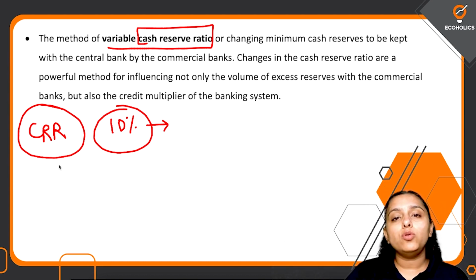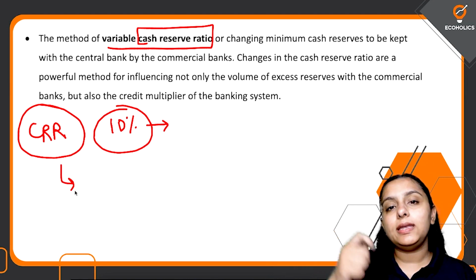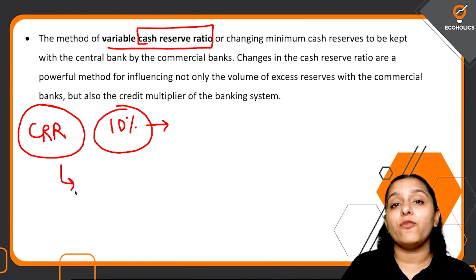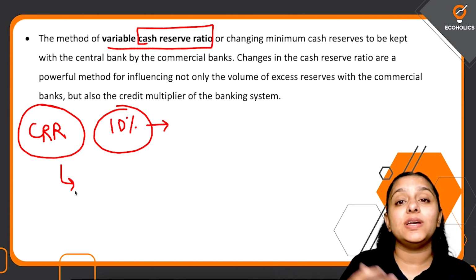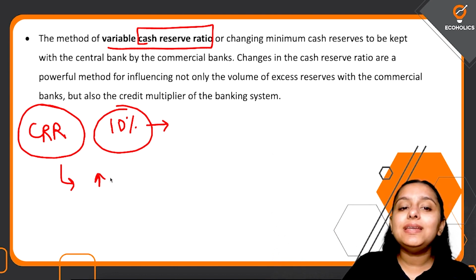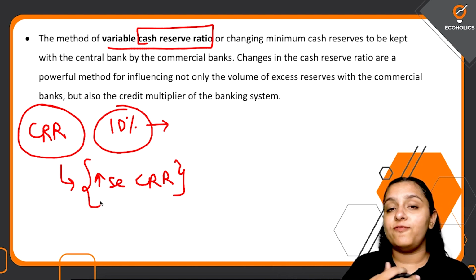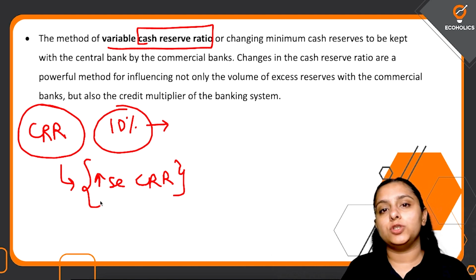So how can you control the credit? If you decrease the availability of funds with commercial banks which they were lending, that's how you can control it. If you increase CRR, you can decrease the availability of funds with commercial banks.